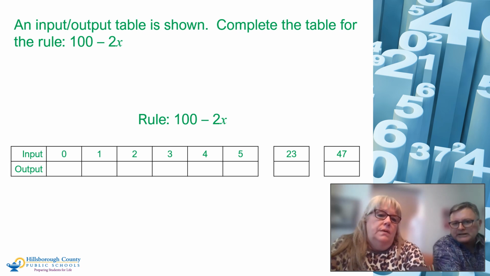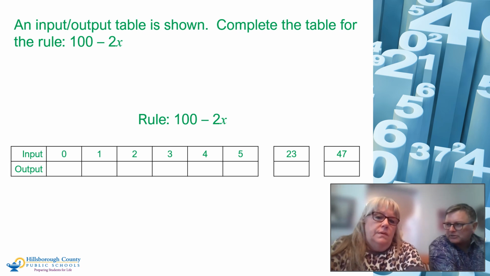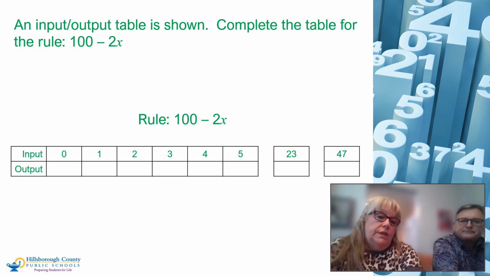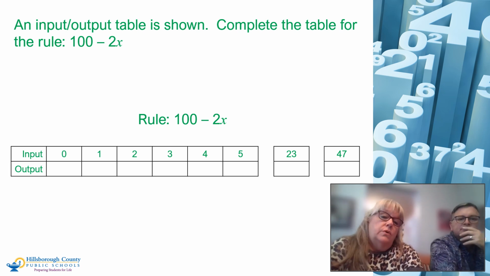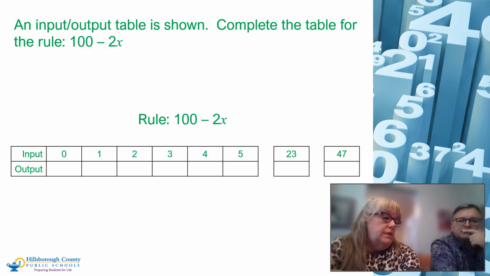So Barbara, looking at the second task from the beginning, how do I connect that rule to that input-output table? Because it's very abstract. Well, my input is actually the term x. Whatever the input is, I'm going to start with 0. If I replace that x with a 0, then I'm going to multiply 2 times 0, which gives me 0.